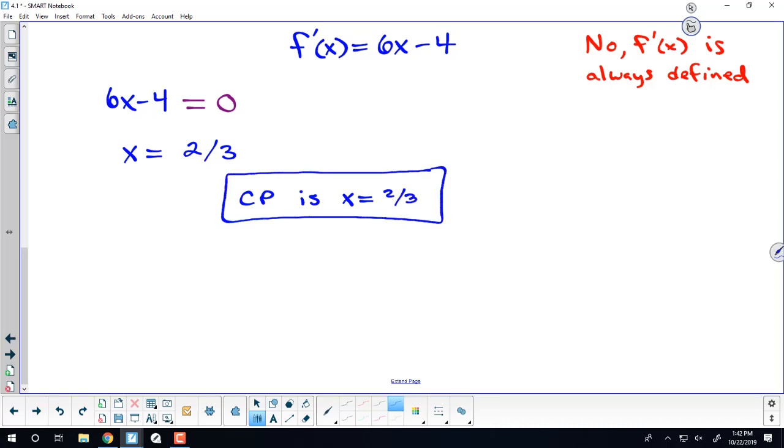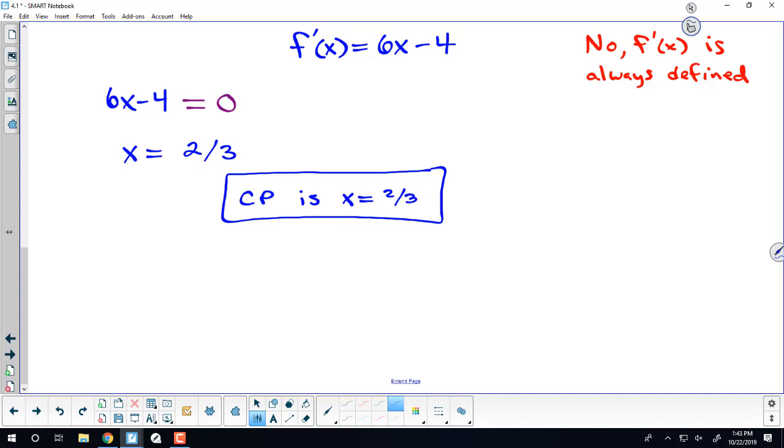And remember, critical points are only candidates for maximums and minimums, right? It doesn't guarantee us a maximum or a minimum when x is 2/3. Since it's quadratic, we could be probably 100% certain that it does correspond to the minimum value of that quadratic.